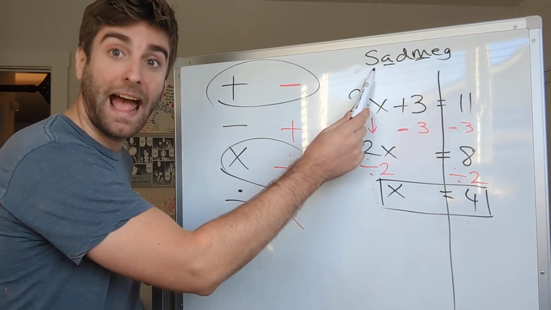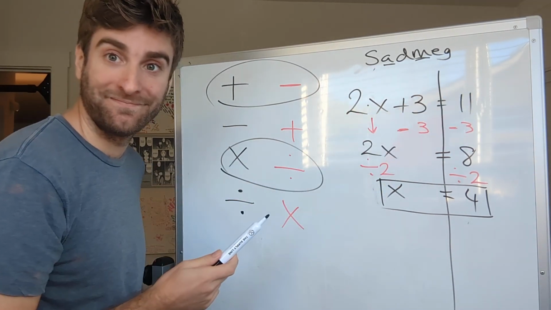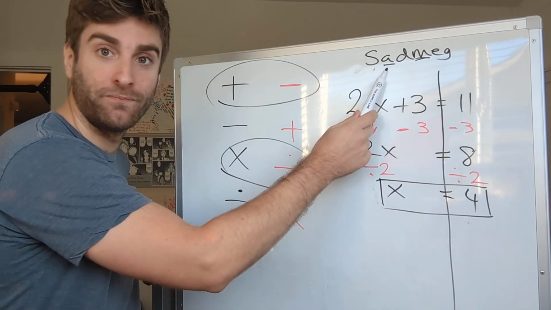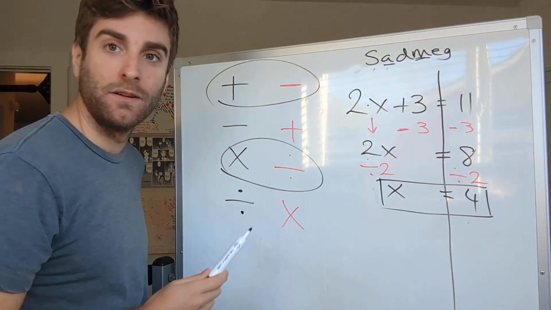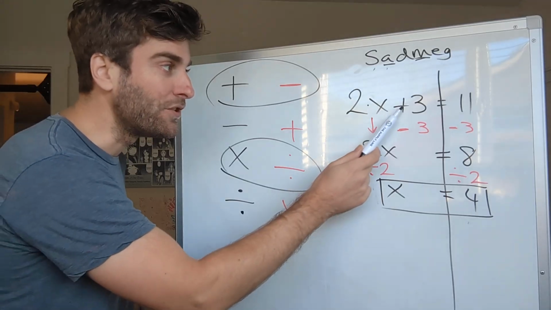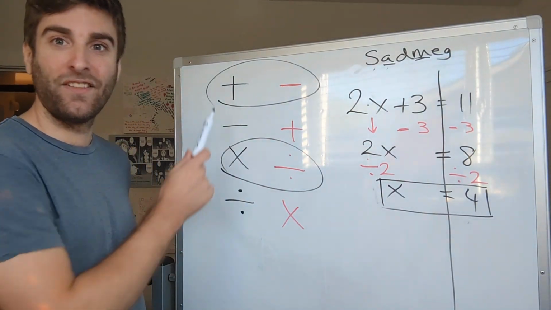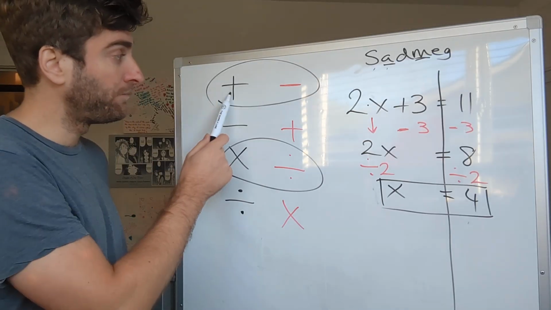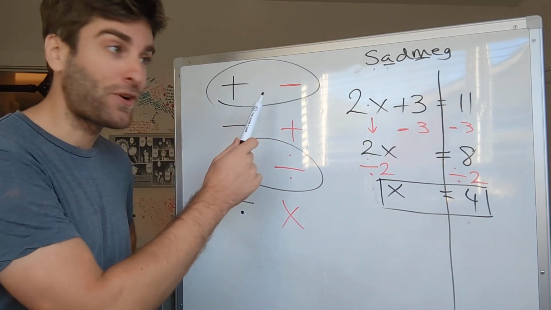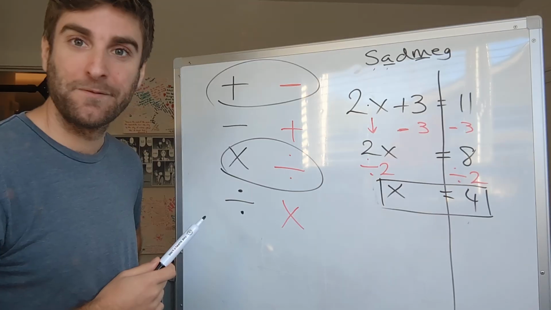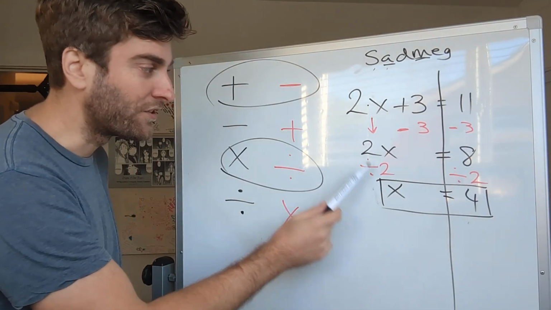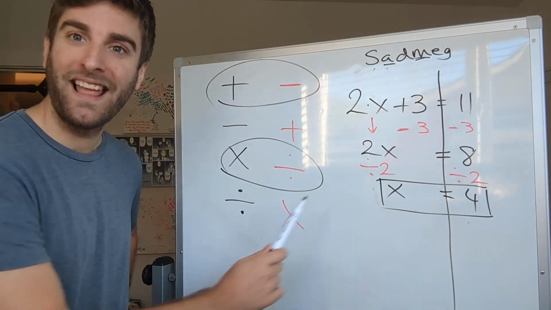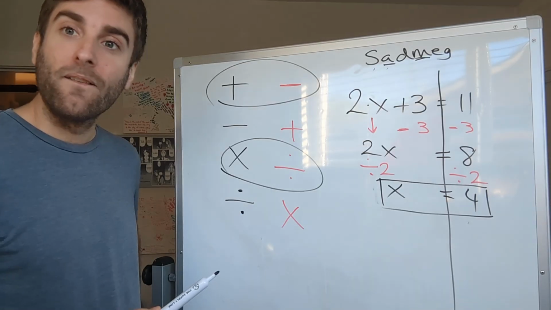I looked at my acronym, SADMEG, and I saw that addition came before multiplication. So I had to use my addition first. Then I looked and I saw what were the opposites. The opposite of addition is subtraction, so I had to subtract. The opposite of multiplication is division, so I had to divide. And there you go. You get your final solution.